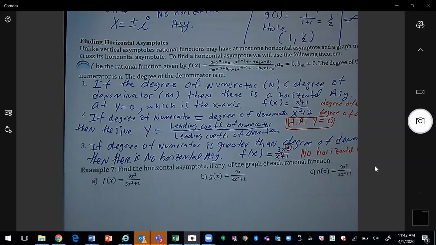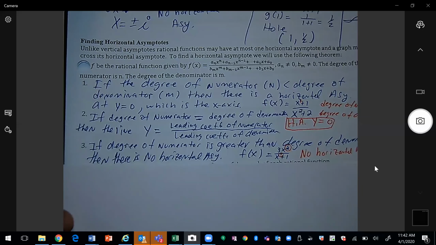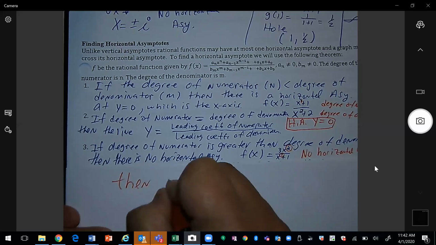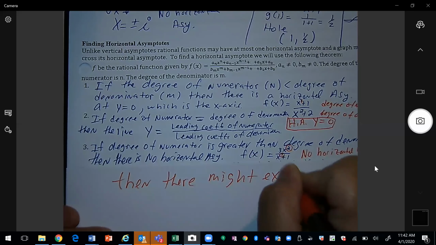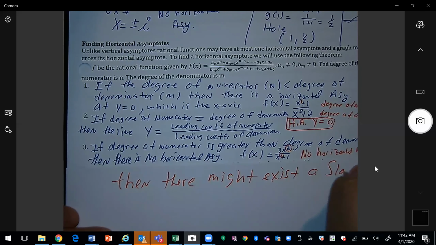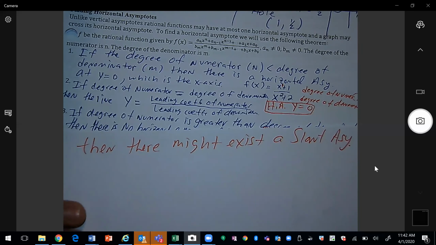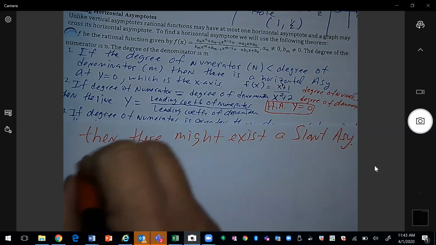And let me add to that statement here. If there's no horizontal asymptote, then there might exist a slant asymptote. And the way we know if there's a slant asymptote is as follows.